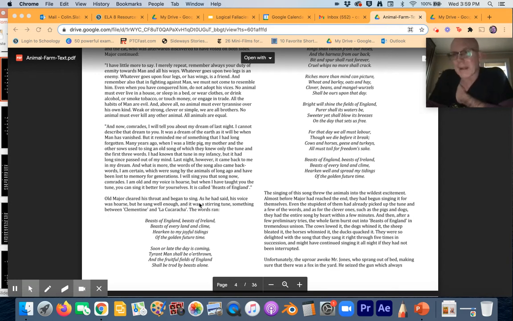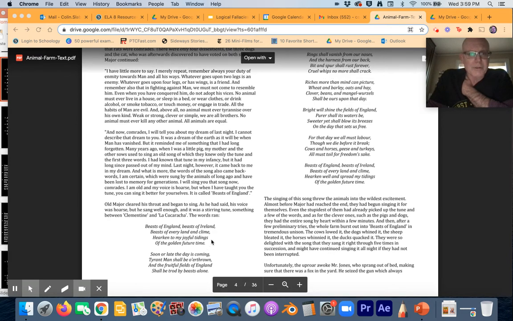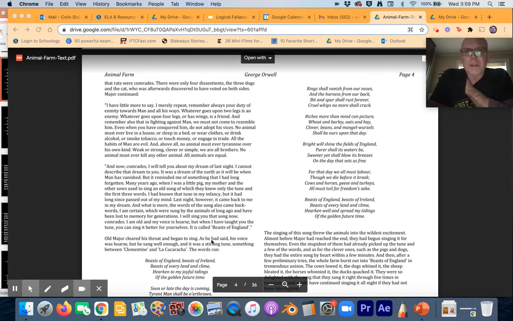The words ran, Beasts of England, beasts of Ireland, beasts of every land and clime, hearken to my joyful tidings of the golden future time. Soon or late the day is coming, tyrant man shall be overthrown, and the fruitful fields of England shall be trod by beasts alone. Rings shall vanish from our noses, and the harness from our back.